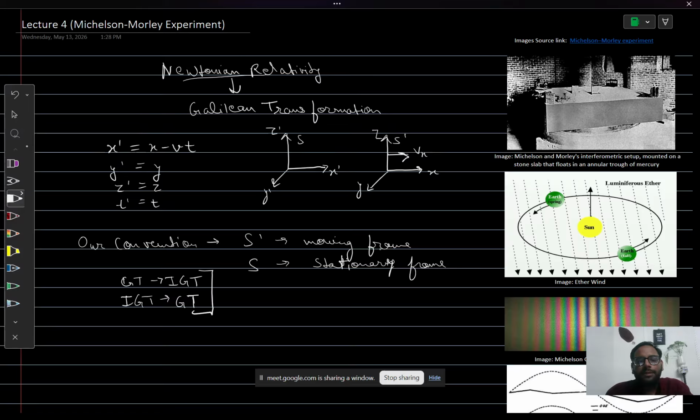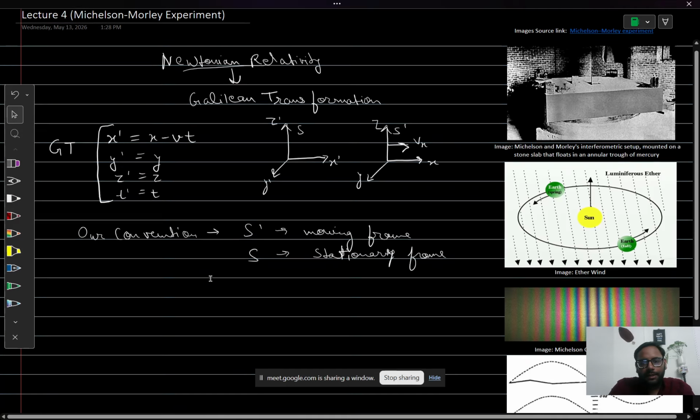But by convention, you follow this rule, and this will not happen. You only need to consider one thing: these transformations will always represent your Galilean transformations, and the opposite way will be the inverse Galilean transformations.